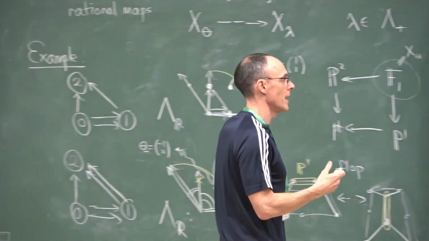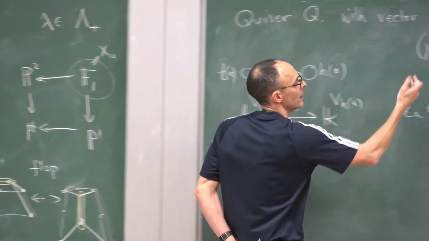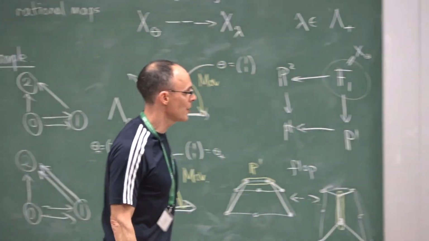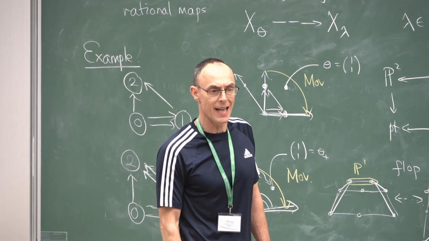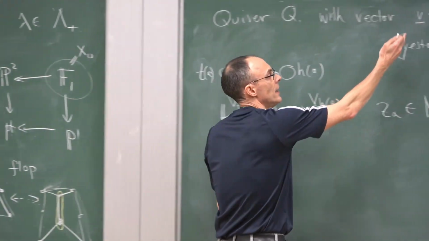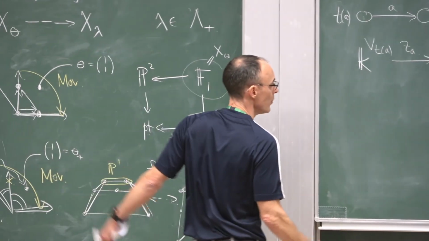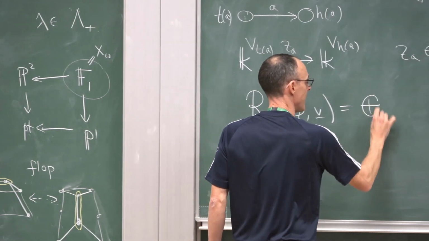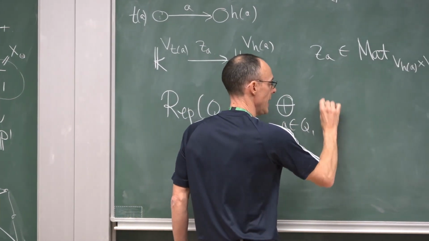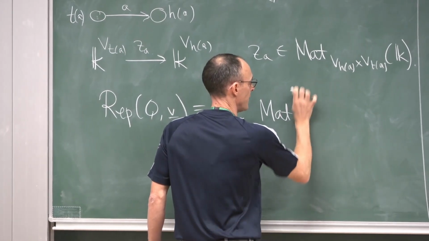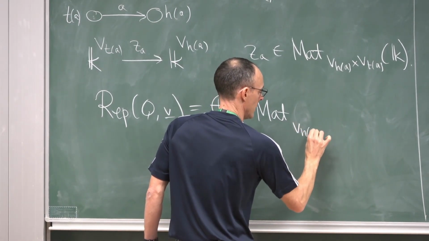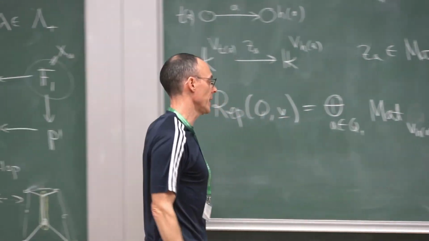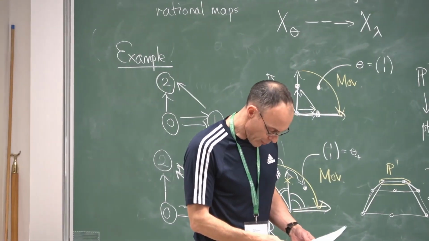So the assignment to every vertex of a vector space of dimension v_i, and to every arrow of a linear map between the corresponding vector spaces, is called a representation of the quiver of this dimension vector. And I'm going to build the analog of our A^{Q_1}, and I'll call it Rep(Q, V), but this is playing exactly the same role as A^{Q_1} did yesterday. I just build a great big vector space comprising one matrix for every arrow in our quiver.